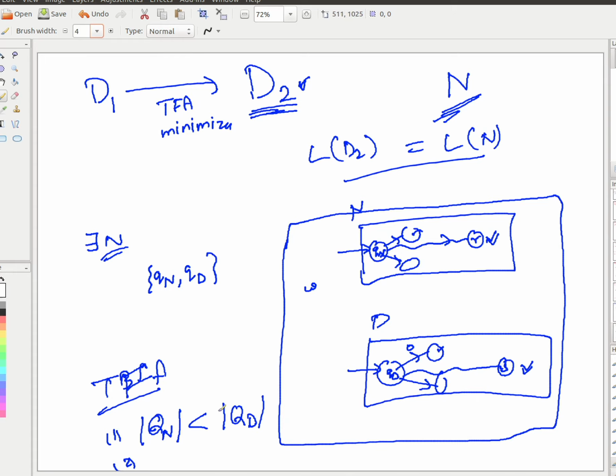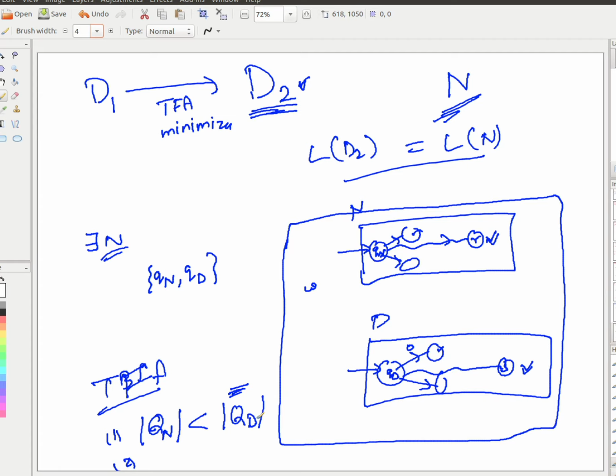Therefore, if you use the pigeonhole principle, you can always find that there exist at least two states on Qd which are equivalent to the same state on Qn. Yes or no? Because every state on Qn has an equivalent state on Qd, but the number of states on N is lesser than the number of states on D. That means there exist at least two states on machine D which are equivalent to the same state on N.